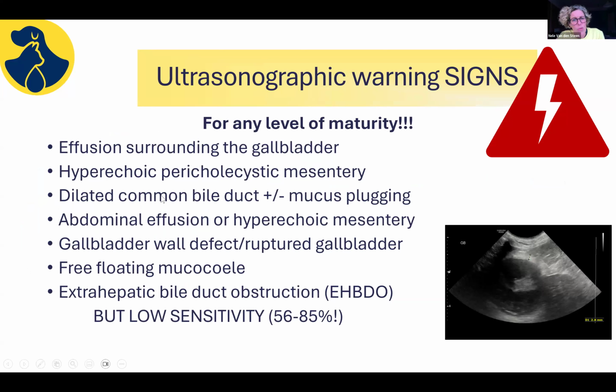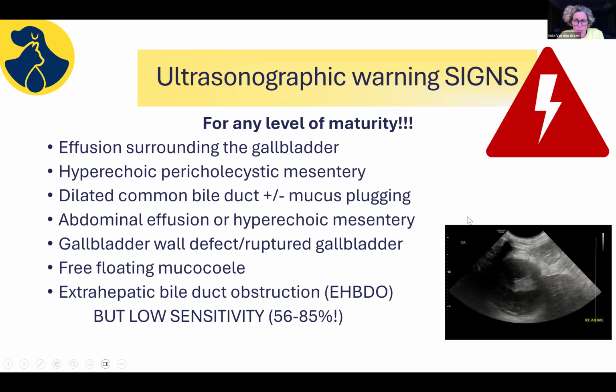As we said, just remember, this can happen at any level of maturity of your mucocele, except for the rupture. So if you find either effusion surrounding the gallbladder, or like here, a hyperechoic mesentery, which is because of the inflammation surrounding it.